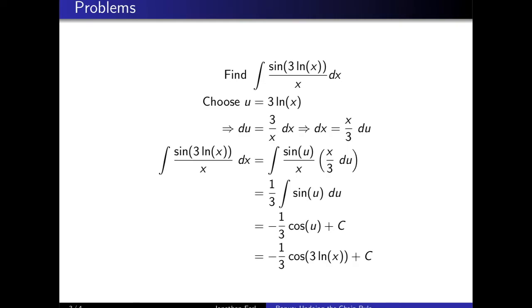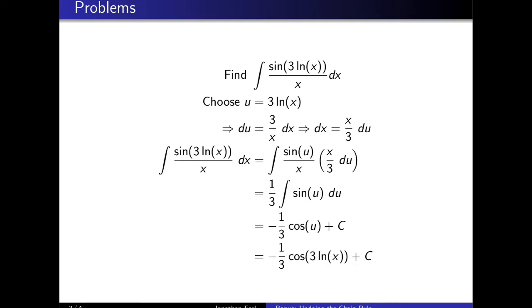The 1 over x, we can think about it as we have an x sitting in the denominator of what we started with. That's the same thing as saying that we have 1 over x in the numerator. So we have 3 over x, which is a constant multiple of something sitting in the numerator.